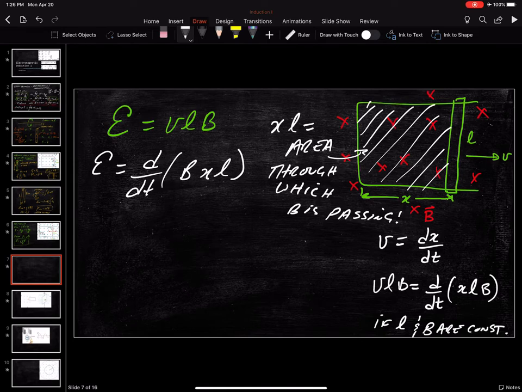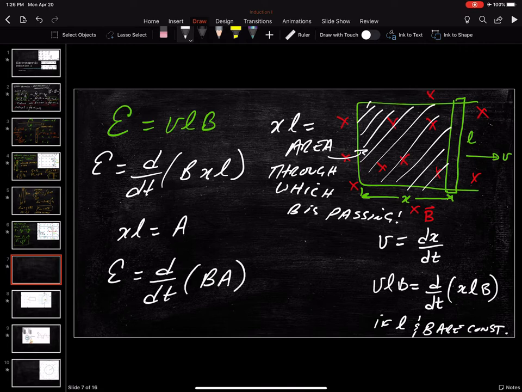So I can write that x times L is equal to A. And so my E is d dt of B times A. And so that's another very interesting way of writing it. More specifically, you remember that B times A is equal to phi magnetic, this magnetic flux.